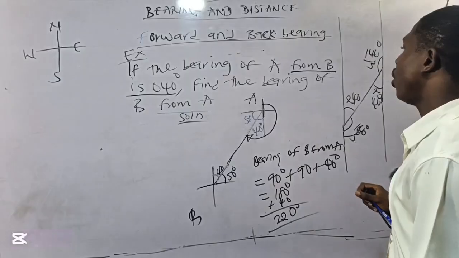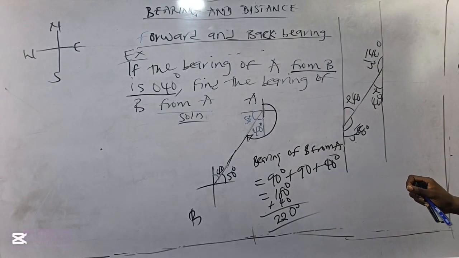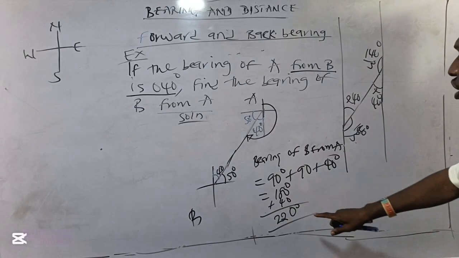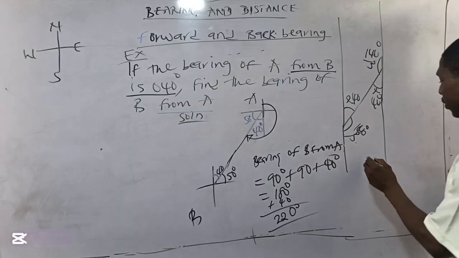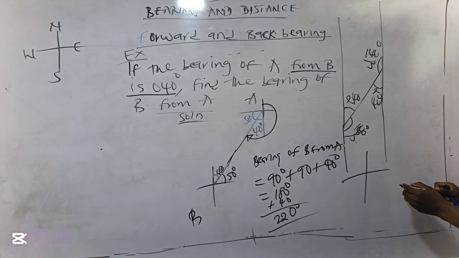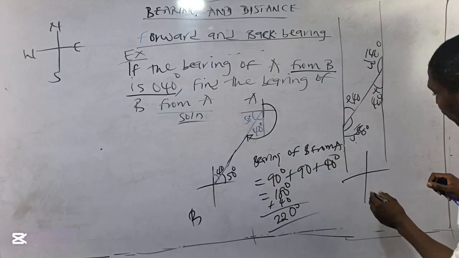So the bearing of B from A is 220 degrees, which can be converted to a three-figure bearing.